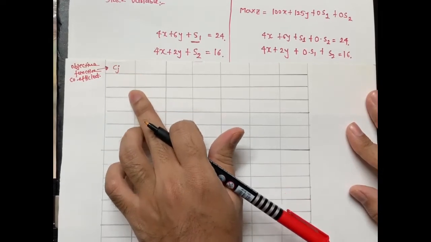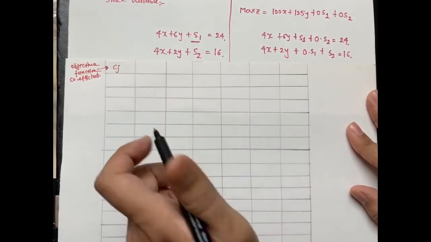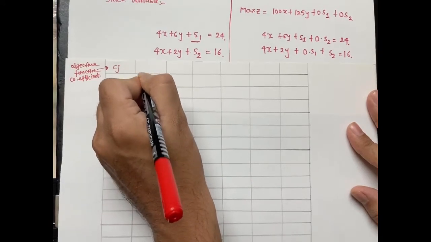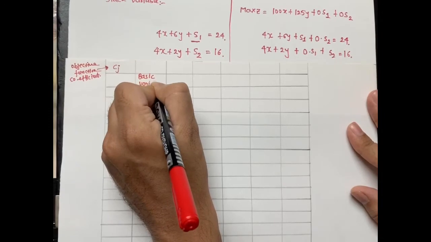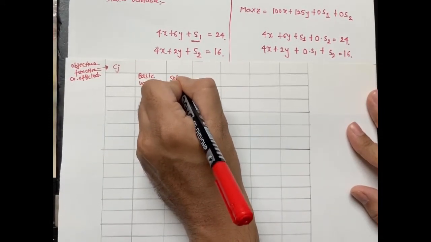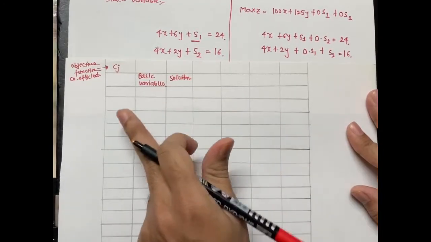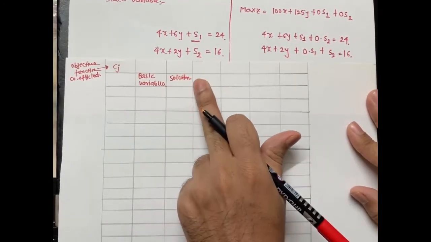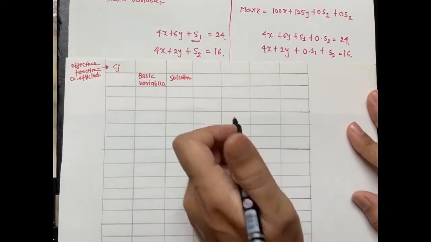After that first column, the second column is for basic variables. Next column is for the solution. After these three columns, from the fourth onwards, the columns are for the decision variables.